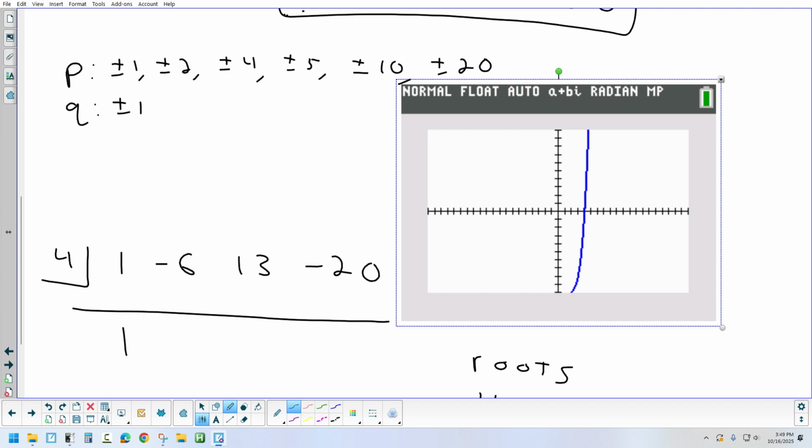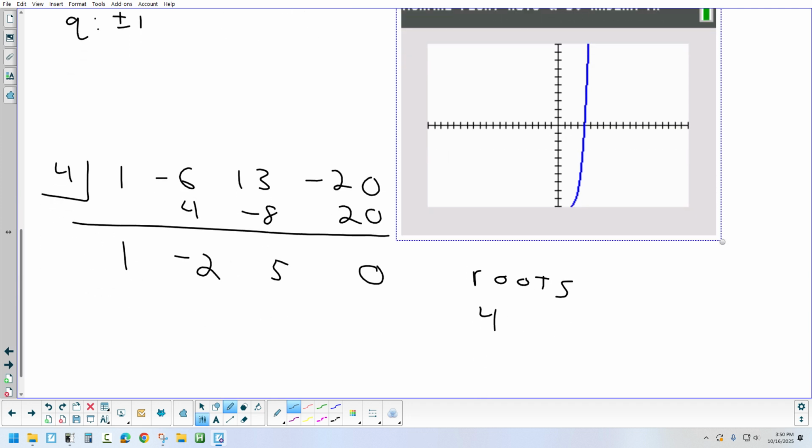Okay, so bring down the 1. 4 times 1 gives me 4. -6 and 4 gives me -2. 4 times -2 is -8. 13 plus -8 is 5. And 4 times 5 is 20. And add that column up. 0. So we already knew that 4 was going to be a root. We checked it on the calculator, so we're good.